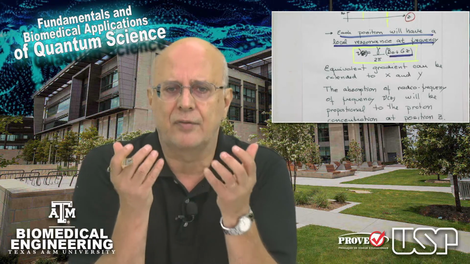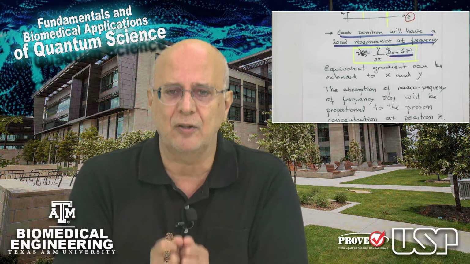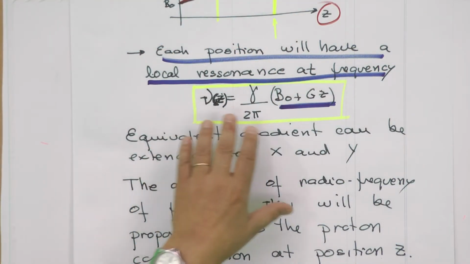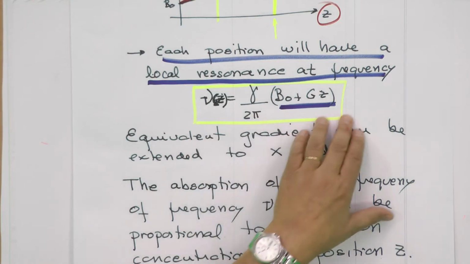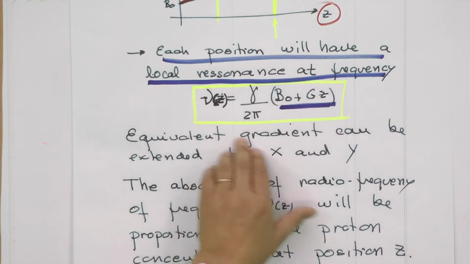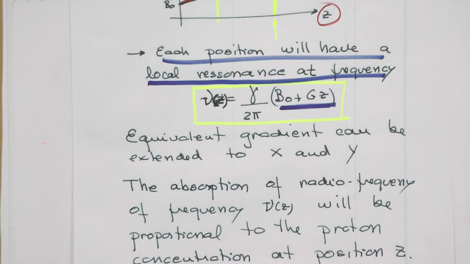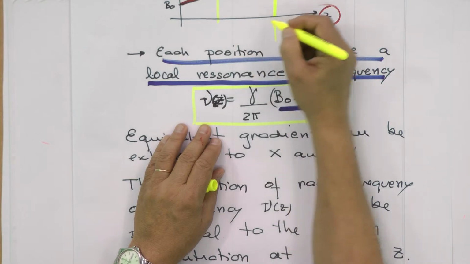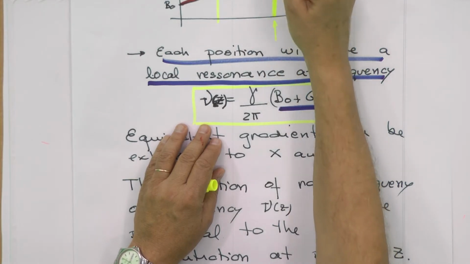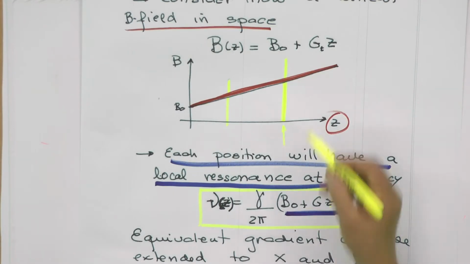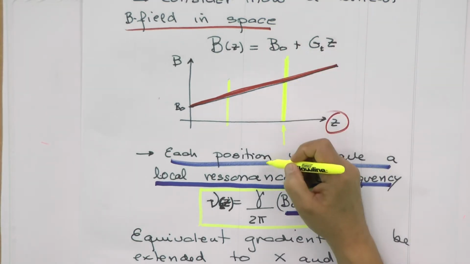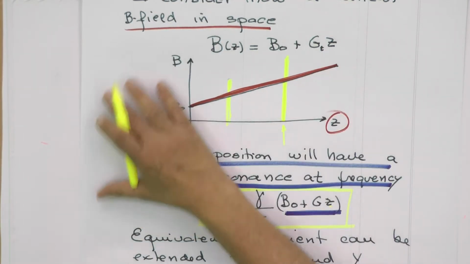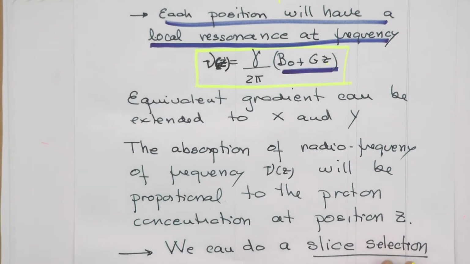So I have everything under control to identify where I am sampling by changing the frequency, because now the resonant frequency is locally selected. If I select one frequency for a specific Z, I am only interacting with the hydrogen in that position. Therefore, I can tell everything about this position, and then about the next position, and so on. So I can make a map. How is the distribution of hydrogen in here?